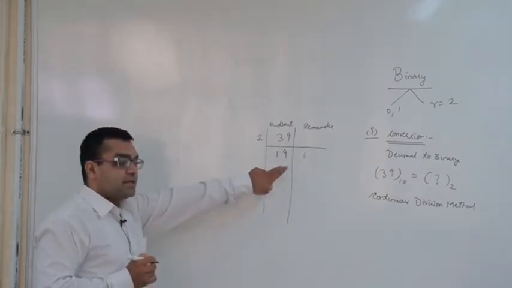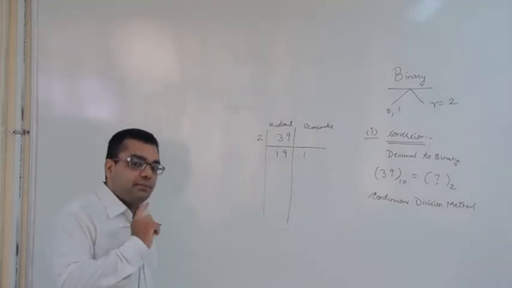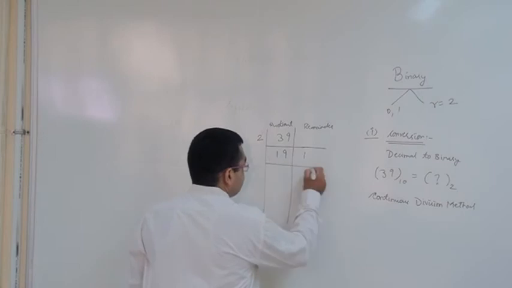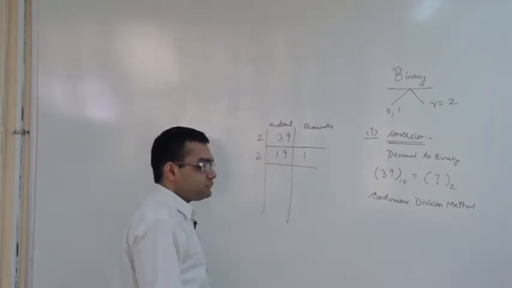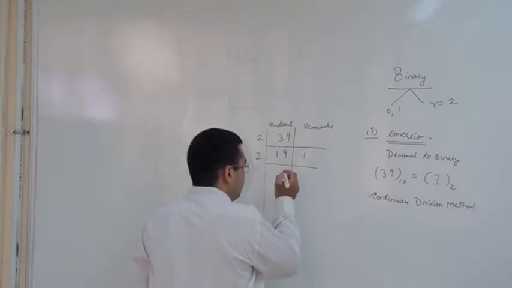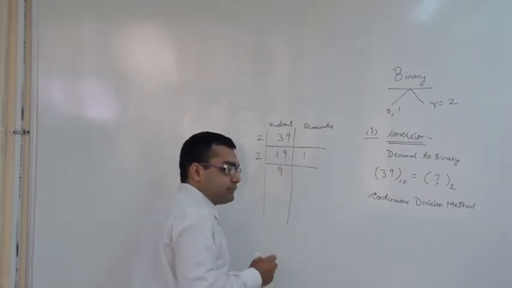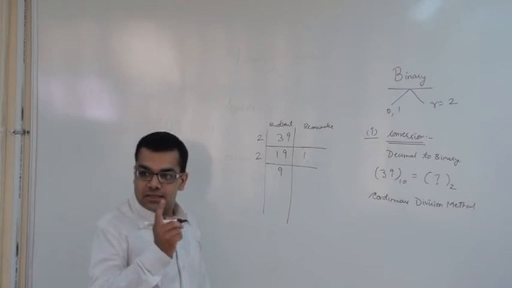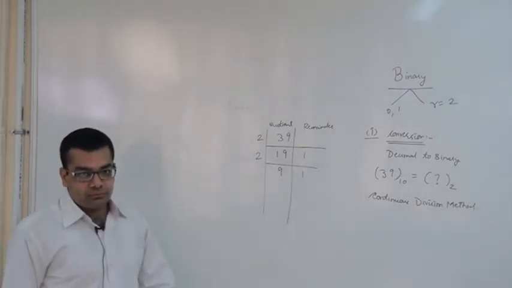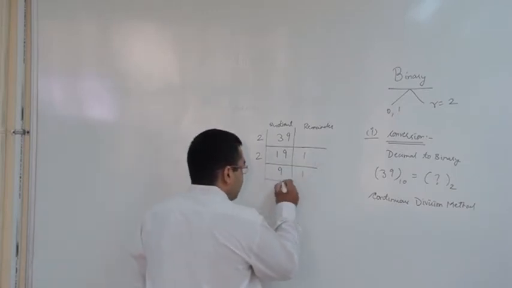Now the resulting quotient 19 can still be divided by 2, so we again divide. Again 19 divided by 2, quotient is 9, remainder is 1. 9 again can be divided, we again divide.